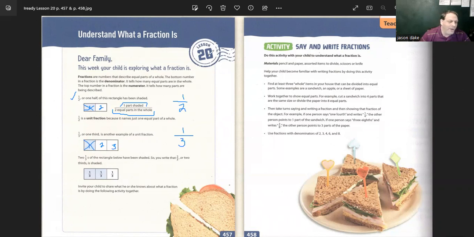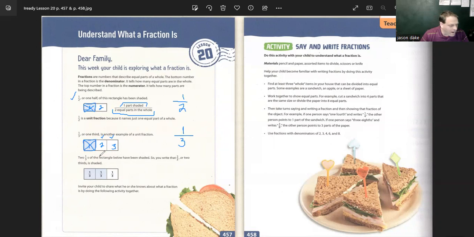And now how many blocks do we have left? We have 2 blocks left. But the 1 block that you shaded, the one that you used, is going to be your numerator. This one up here for the 1/2 is your numerator, the one that you use, not the ones that are left.